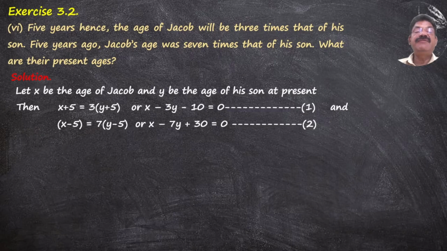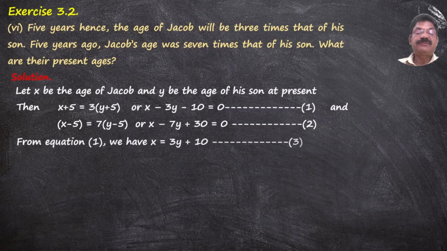Second relationship, 5 years ago, their ages should be x minus 5, y minus 5. The relationship is x minus 5 is equal to 7 times y minus 5. When you reduce it, you get x minus 7y plus 30 is equal to 0. From equation 1, x is equal to 3y plus 10.